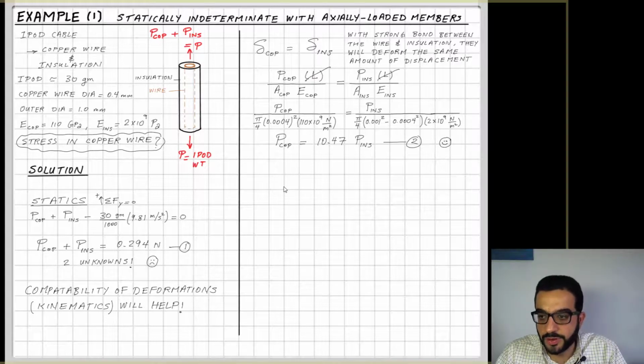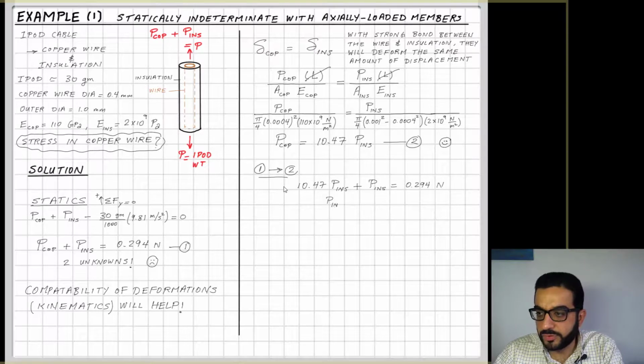Now P copper carries around 10.5 times more of the load than the insulation, which is an interesting thing: the stronger material is able to carry a larger portion of the load. Now I have two equations and can solve for the two unknowns. I plug in the first and second equations and find P insulation.